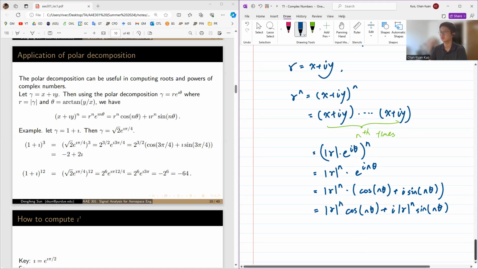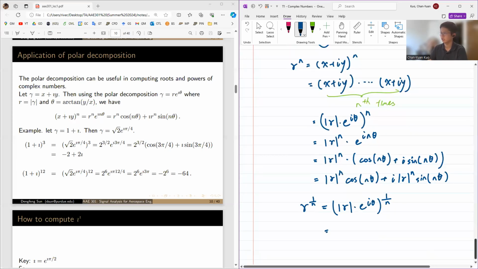And similarly, if you want to compute the roots of the complex number gamma, say gamma to the power of 1 over n, the nth roots, then we can do this simply by writing gamma as gamma times e to the i theta, to the power of 1 over n. And here we can expand this, and we will get e to the i theta over n, right?